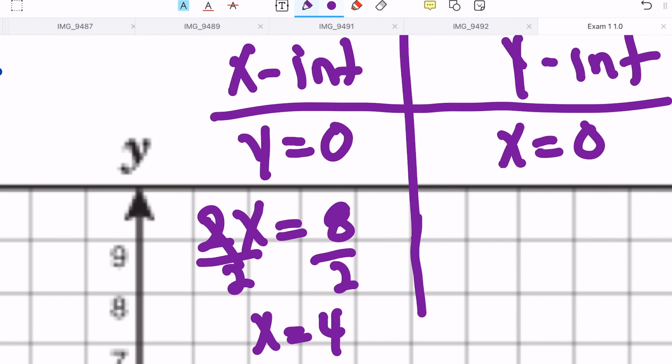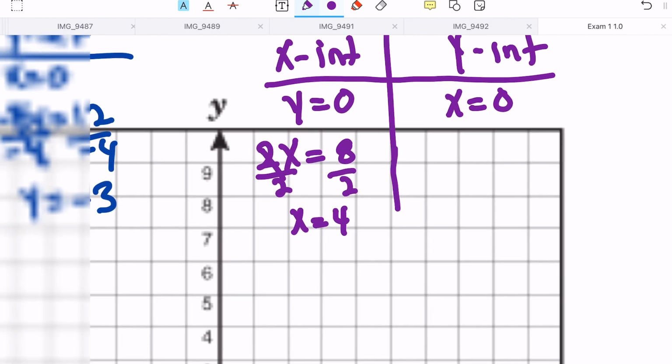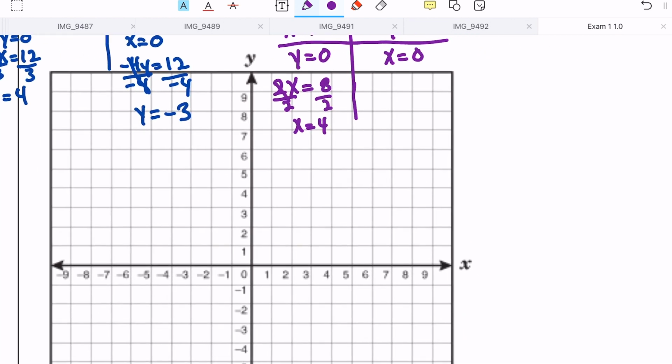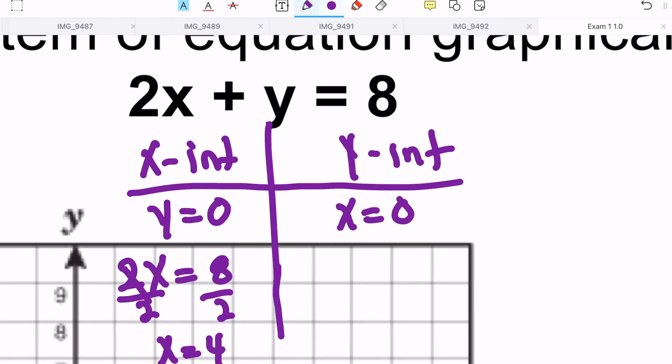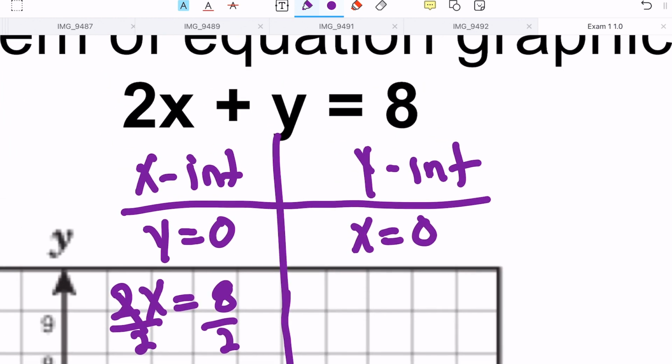So that is the x-intercept. That means it's going to be on the x-axis. It's going to intersect the x-axis. So we draw a point at 4, 0. In the y-intercept, x is 0. So we forget about x. So y is just going to be 8. We don't have to do any calculations there.